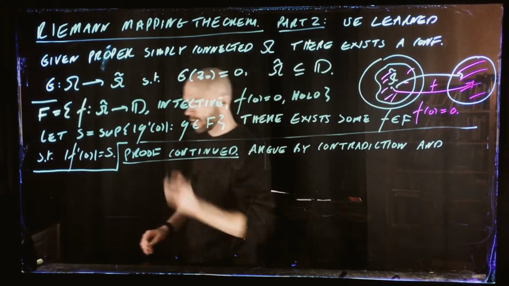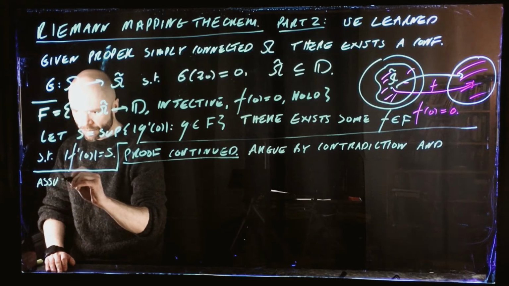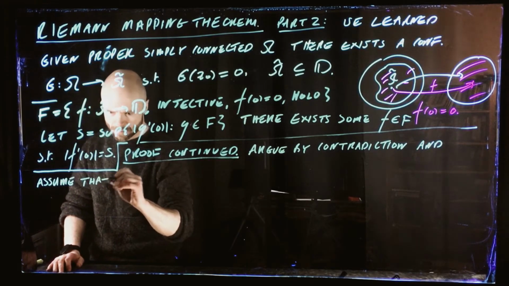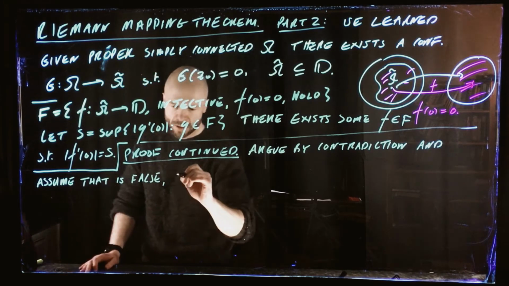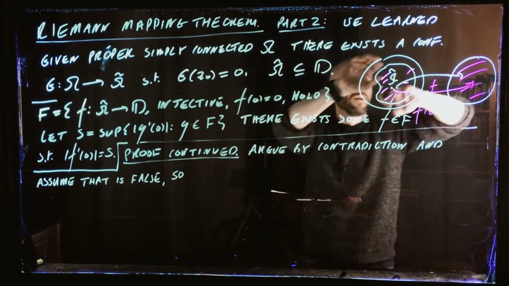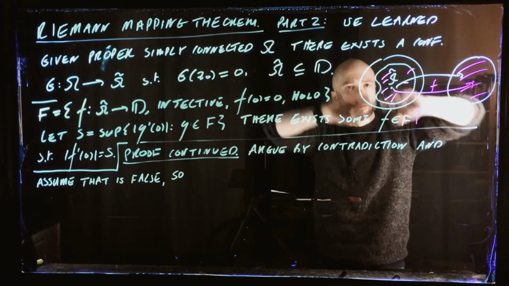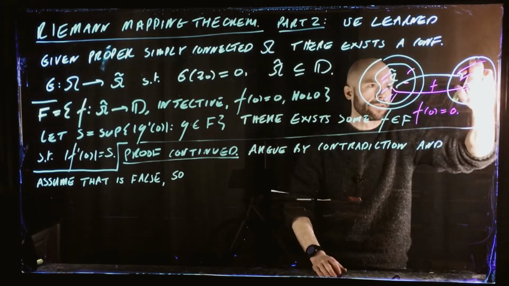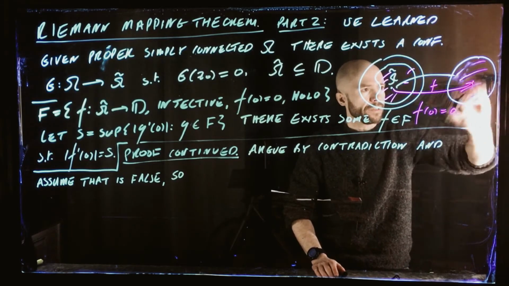And assume that's false. So there is some P which is inside the disk, which is not inside the image of f of omega tilde. So let's draw a picture of what happens if this is not actually true.